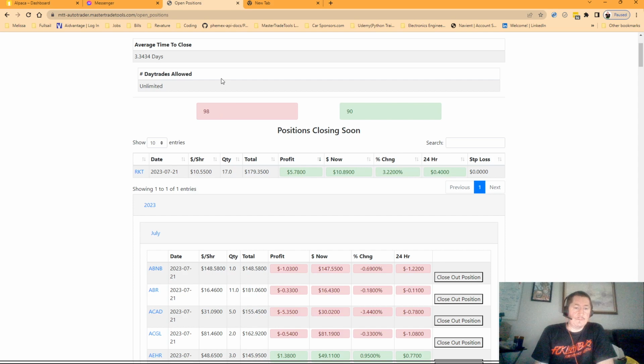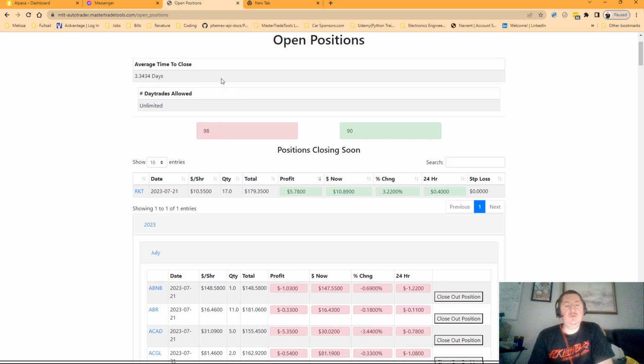This does also do day trading, so it all really depends on how much you put into your account. If you do a paper trade account, then the $30,000 is going to allow you to do day trading, which requires a previous day's end of day balance of $25,000 or more in your account.